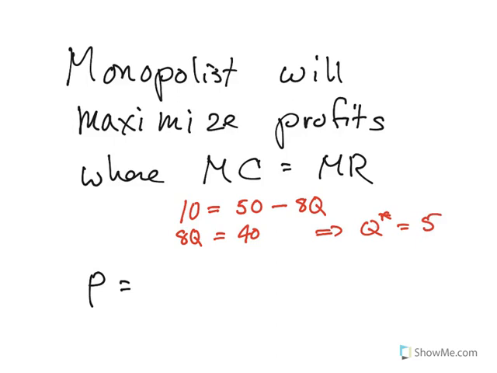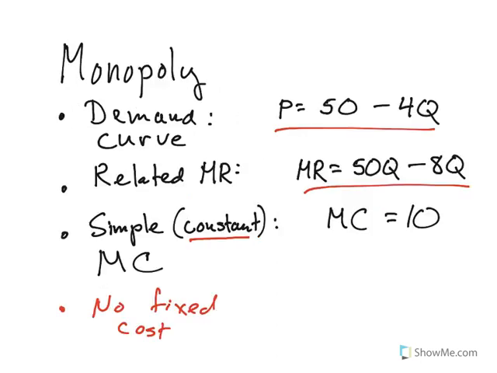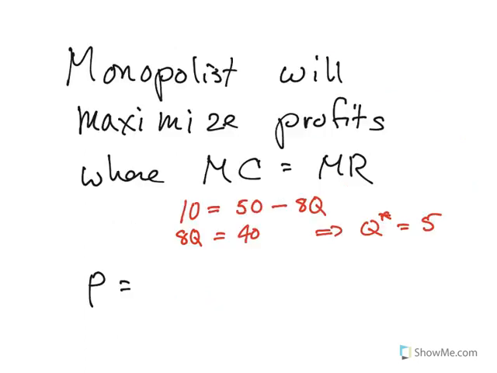Okay, so now we have the quantity that's produced. Now we want to find out what the associated price is. So we've got the quantity, and we want to go back and look at the demand curve to determine the price. So we've got 50 minus 4Q, which in this case is 5. So 50 minus 20 is equal to 30.